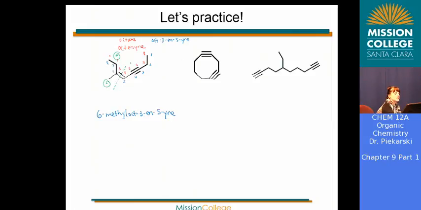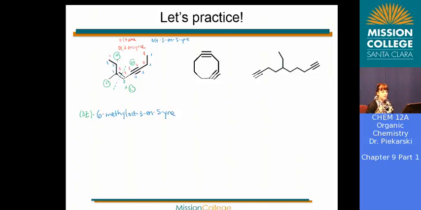And this one here is higher priority, and the hydrogen hanging up here is lower priority. So the higher priorities are on the same side. What kind of stereochemistry do we have? Z stereochemistry. Good. So therefore, it would be (3Z)-6-methyloct-3-en-5-yne. Okay? So don't forget stereochemistry.